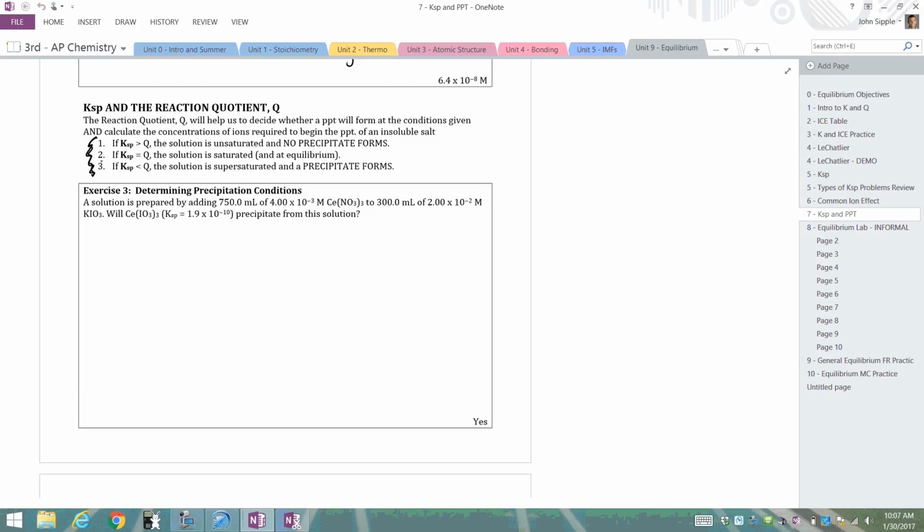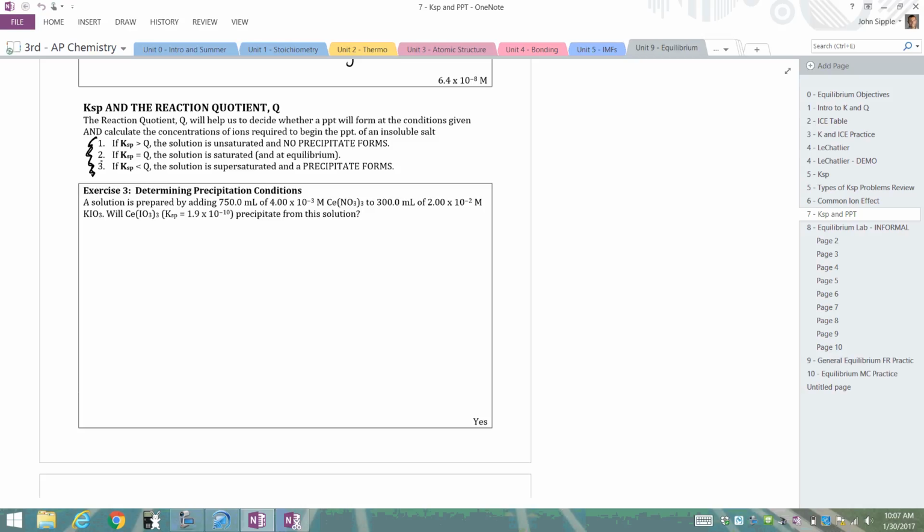So pretty much they're going to give us some information here, and we're going to have to do a little manipulation in terms of moles of ions in solution and dividing by a new volume, because concentration of ions in solution is what's going to be important for us here.